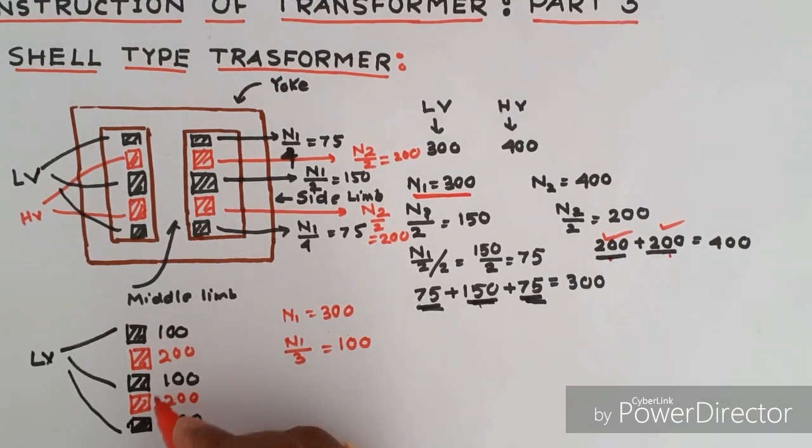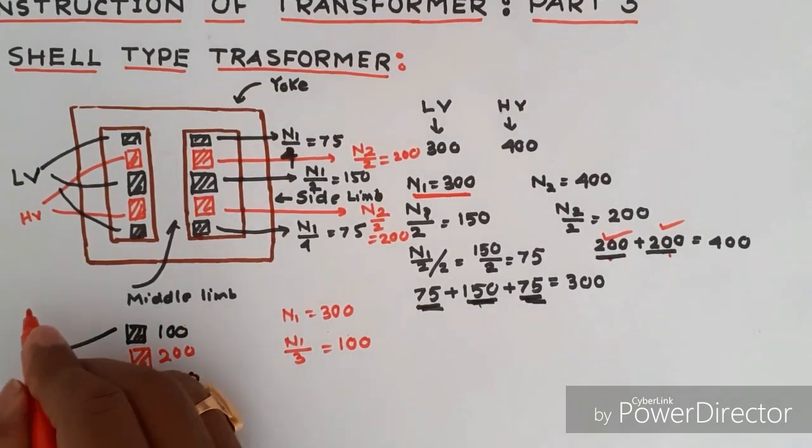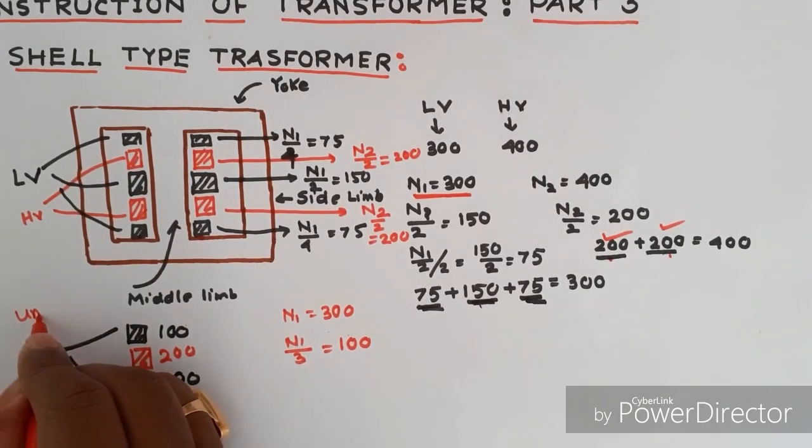If we do this, that means LV winding is uniformly distributed, then we get an unsymmetrical force.